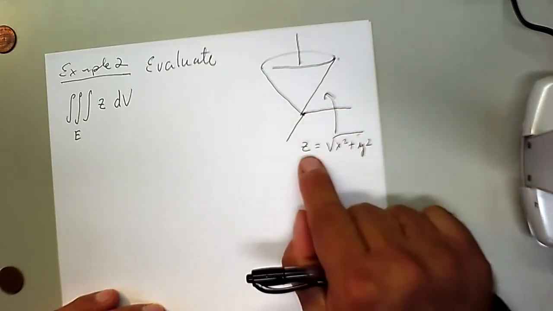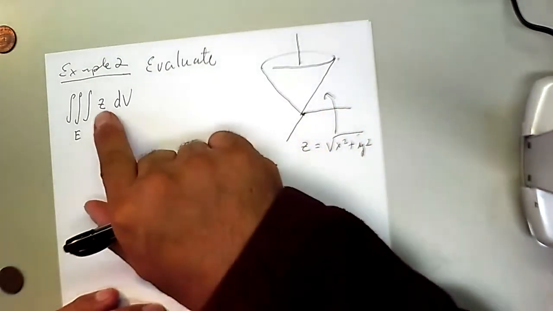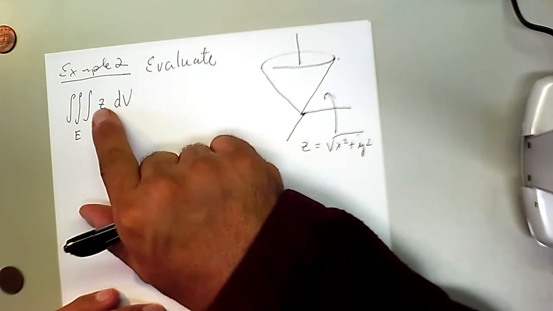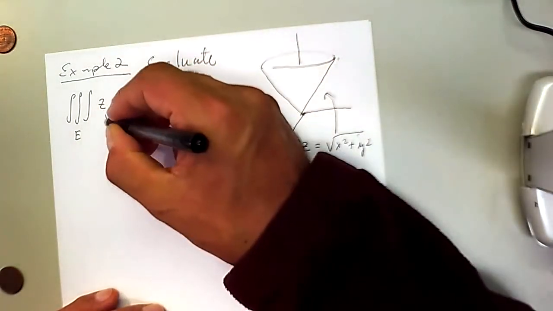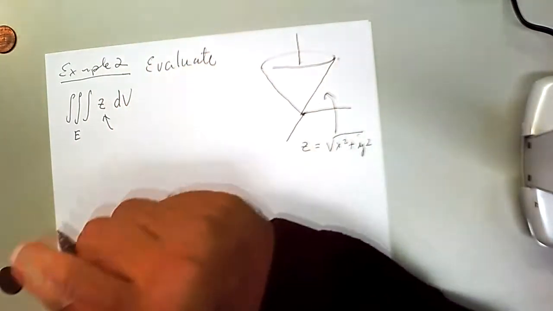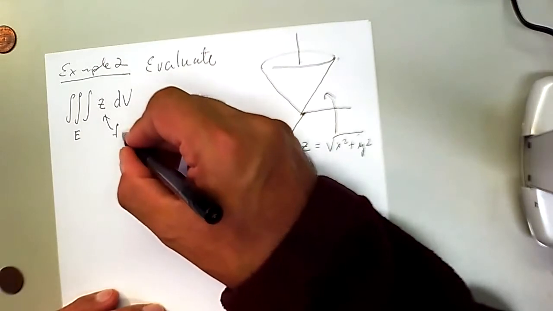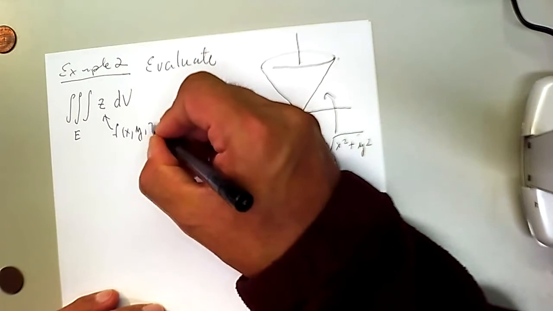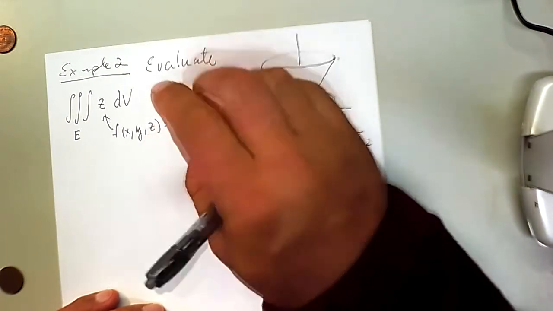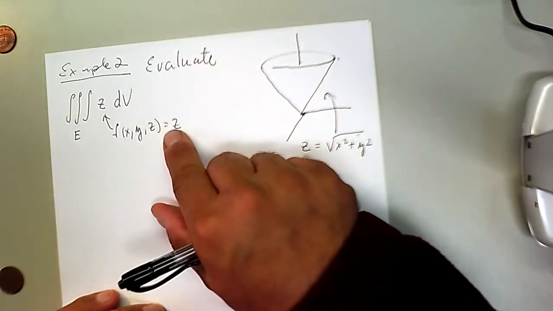Do not substitute this for that z. That z means f of x, y. So this is the function that we are integrating. That's a common mistake some students make. That is what we're going to evaluate.